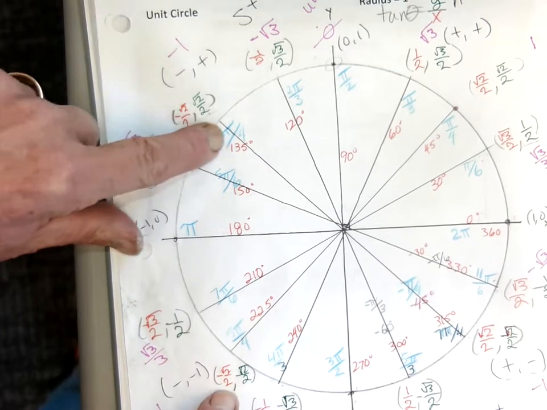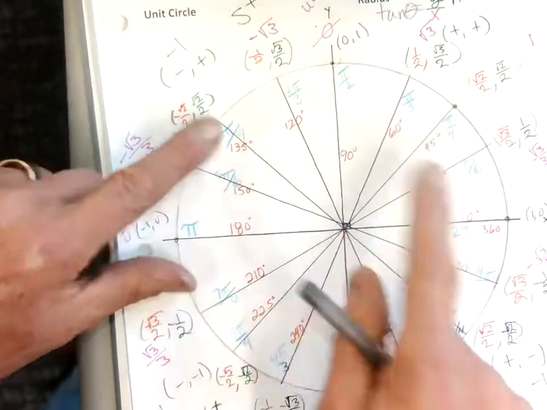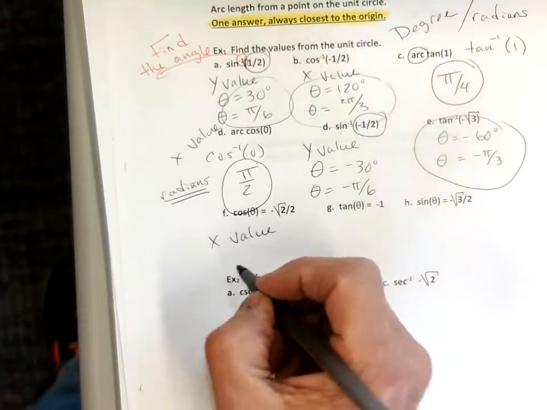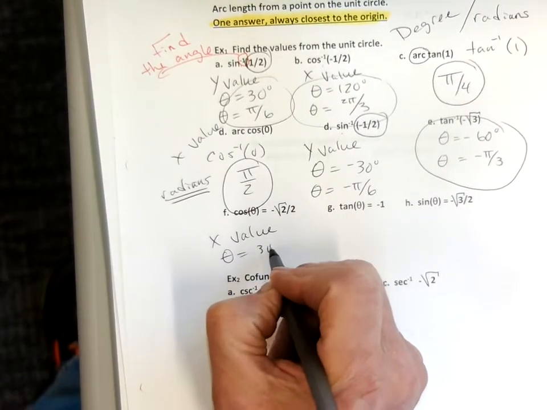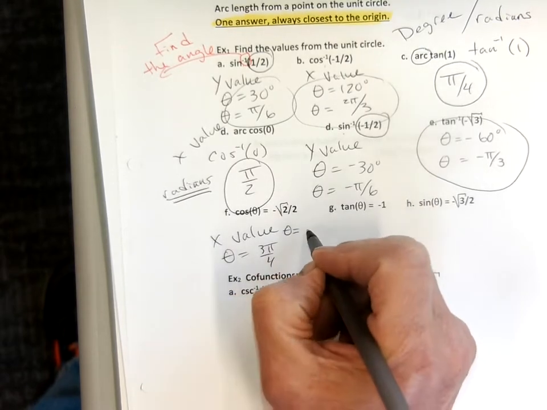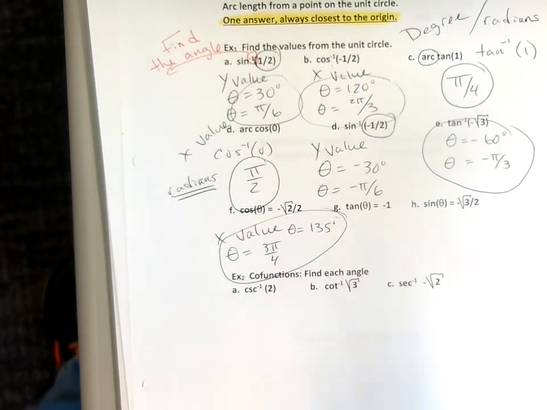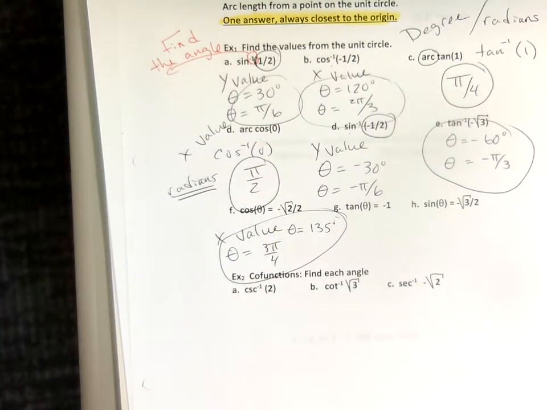So it's either 3 pi fourths or 5 pi fourths. Obviously, 3 pi fourths is closest to the origin, so we're going to go with 3 pi fourths. Or in degrees, we can say it's also the same thing as 135 degrees. We'll take both. It doesn't really matter to me. I like radians better.